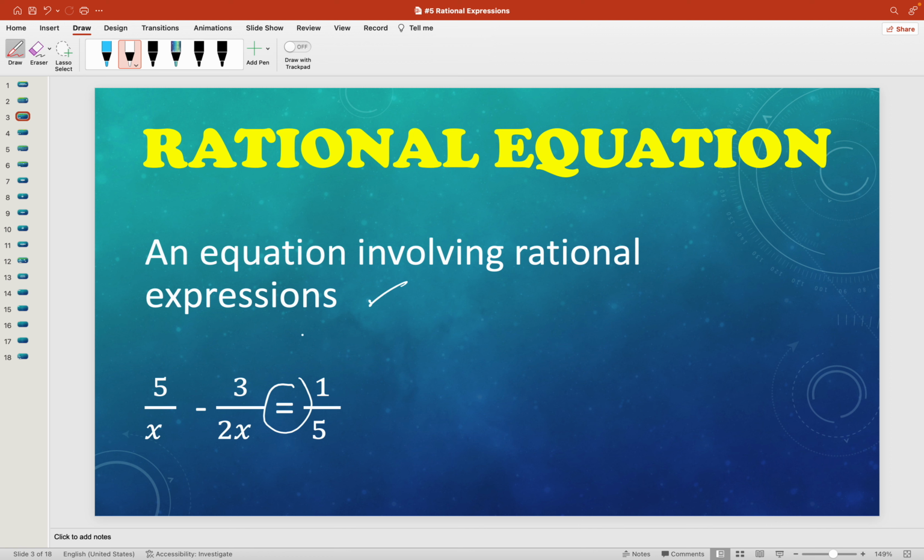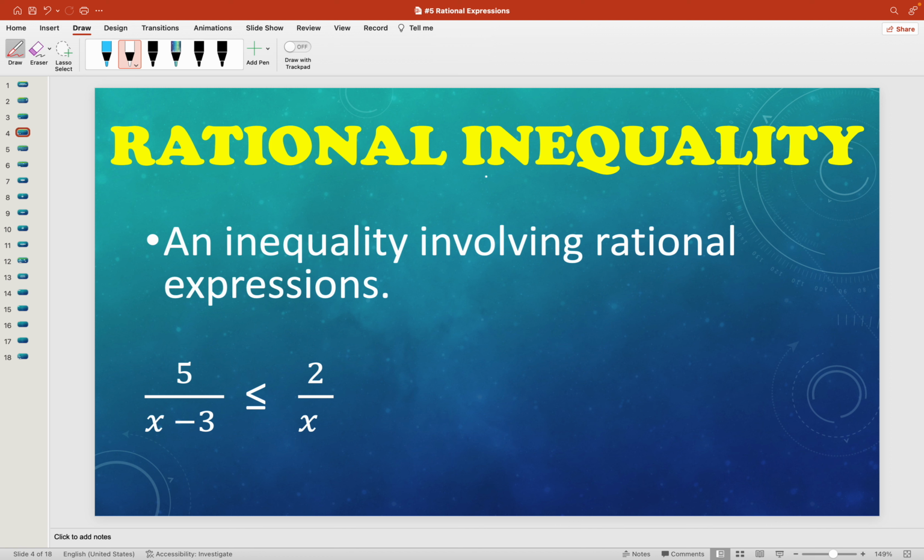So when you see expressions that have an equality sign, those are rational equations. Next we have the rational inequality, an inequality involving rational expressions.